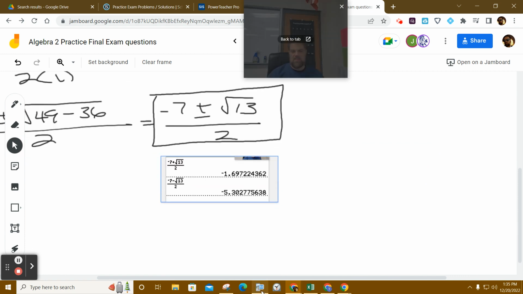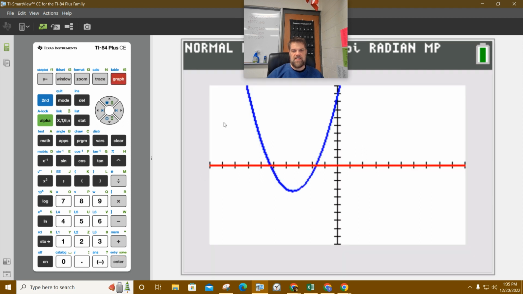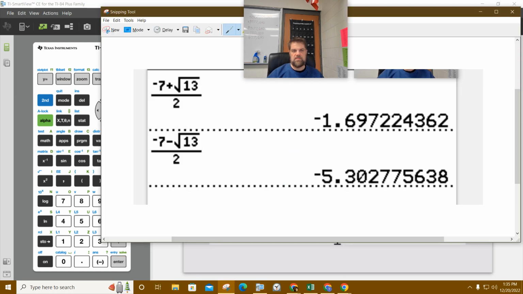And then if I go back to the graph and I look at the graph, you could see that that's about where it crosses.